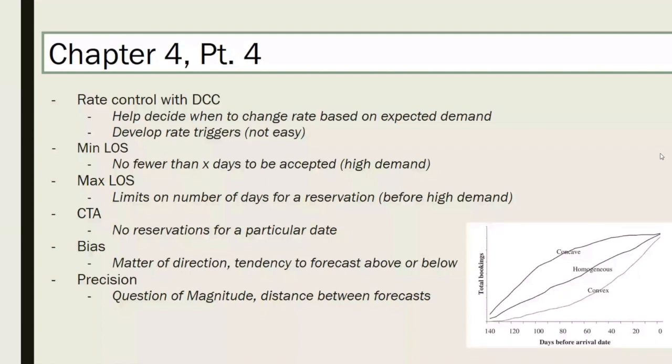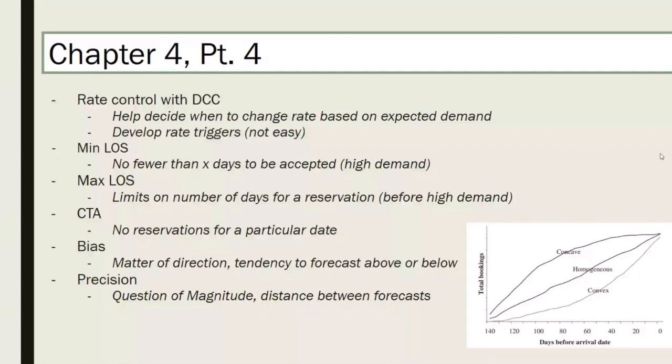Like, say, for example, if I reach 65% occupancy, that is a trigger for me to increase rates. Then you can make recommendations, whether you close certain rates, you keep them open, and eventually you can set the best available rate, which is known as the BAR.